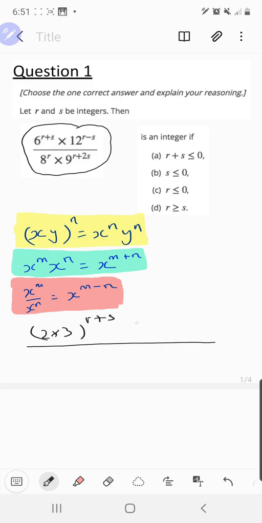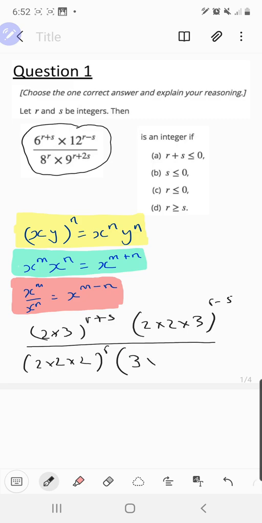The 12 is 2 times 2 times 3. Denominator, the 8 is 2 times 2 times 2. The 9 is 3 times 3.